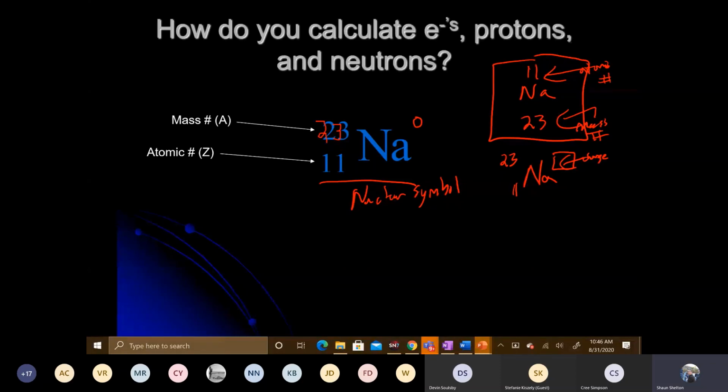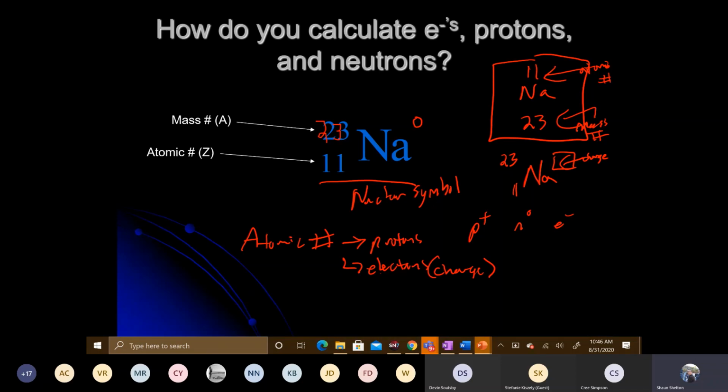Now, the way we use this is to determine the protons, neutrons, and electrons. The protons are always going to be from the atomic number. So the atomic number gives you your protons. It also will give you the electrons, but do keep in mind that the charge also dictates the electrons, but we're not going to look at that right now.